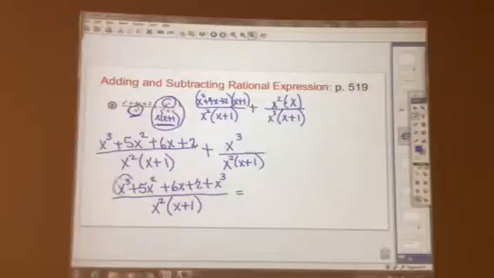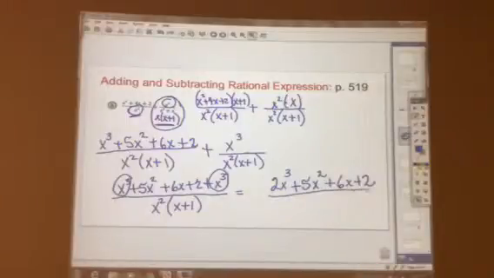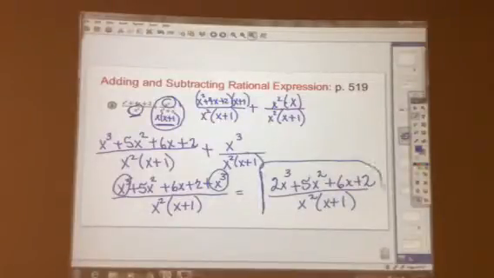And I have an x cubed here and an x cubed there. So I will combine those like terms, which will give me 2x cubed plus 5x squared plus 6x plus 2 over my common denominator, x squared, x plus 1. That right there is my answer.